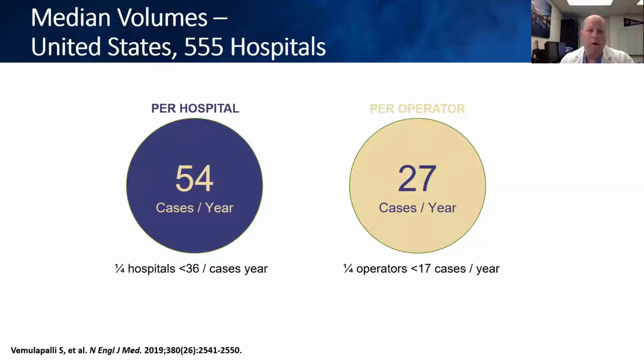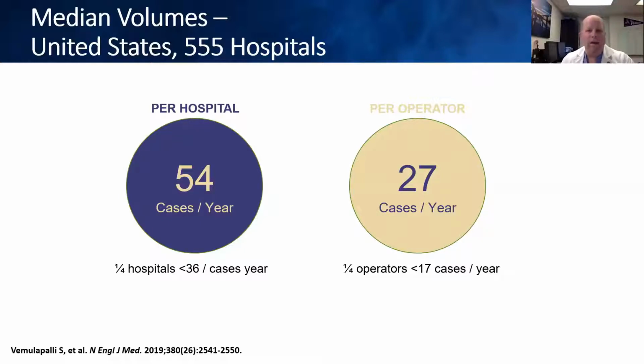One quarter of United States TAVR hospitals do less than 36 cases per year. And when you take it per operator, you're at basically half of that. So the average or the median United States TAVR operator does 27 cases per year, and one quarter of them do less than 17 cases per year, or only a little bit more than 1 per month.